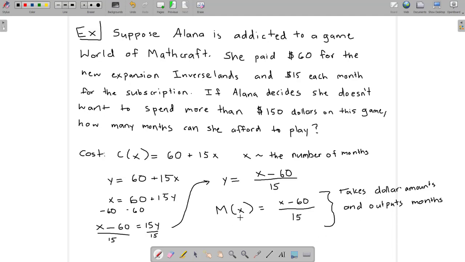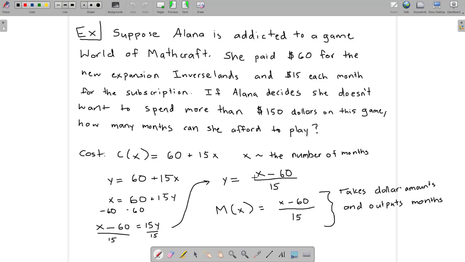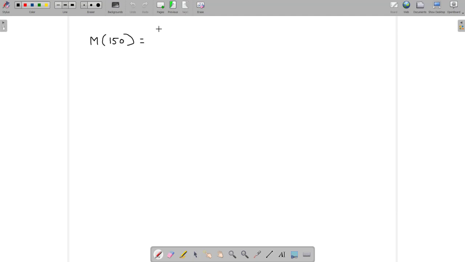So here I'm trying to evaluate m of $150, because that's the maximum amount that I want to spend on this game. So let's evaluate m of 150. And that's going to give me 150 minus 60 divided by 15.